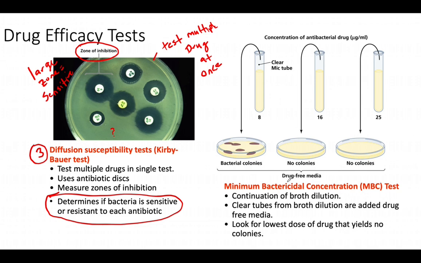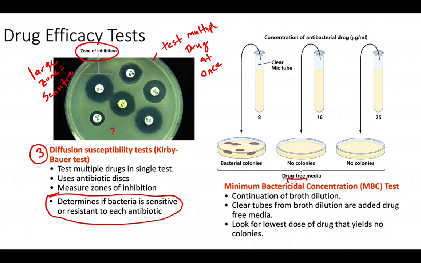And so this is an ending that we saw not too long ago. So side or cidal relates to killing of. And so when we talk about bactericidal, we're looking at killing the bacteria. And again, minimum concentration is another term for lowest dose. So what this test tells you is the lowest dose of a drug that kills bacteria.